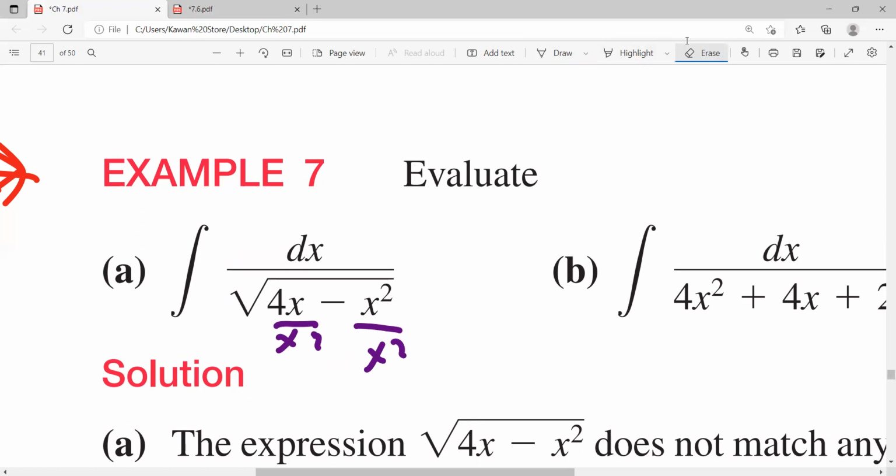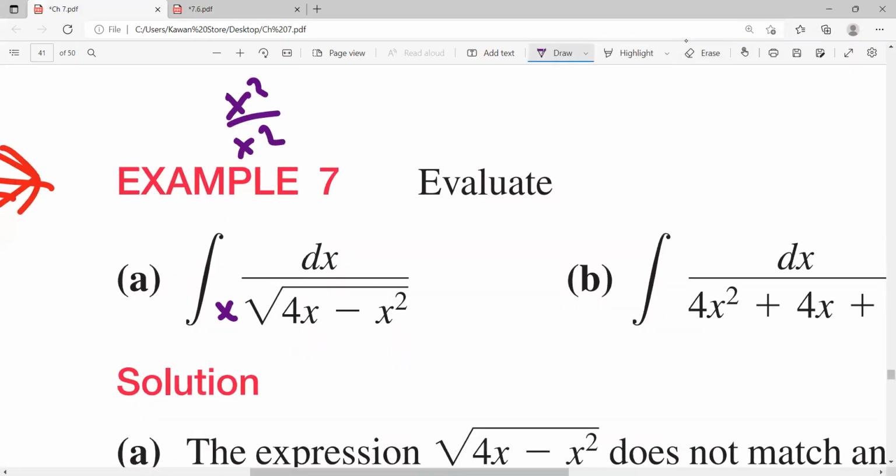We should balance it. If you divide this one by x squared, you should multiply by x squared. So your idea, logically, was like that: x squared here and x squared there. You cannot multiply by something without balancing it.